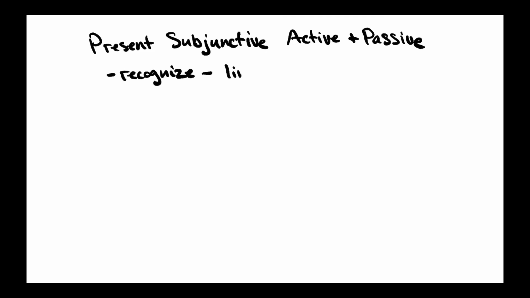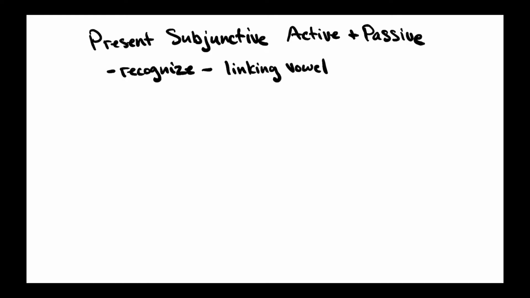It's all in the linking vowel. Remember, linking vowels are important. Linking vowels can be the difference between a present and a future tense, depending on what conjugation you're dealing with. And especially with these linking vowels, there's a little device to help remember it, and you'll see this in a second.